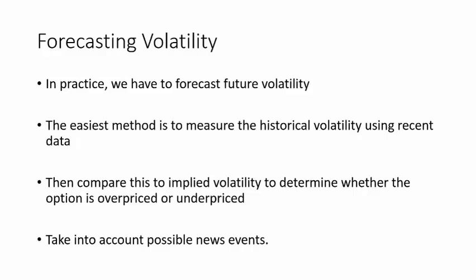And one other thing worth pointing out here is that when you're forecasting future volatility, it's very important to take into account major news announcements that might be coming up. For example, suppose we know that the RBI is going to make an announcement this week. The option implied volatility might be higher because this announcement is going to take place.